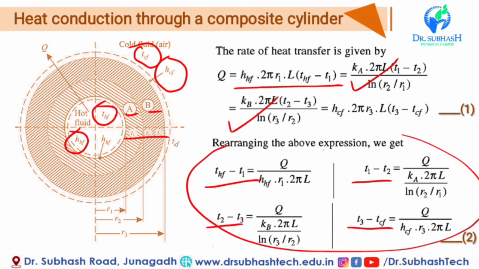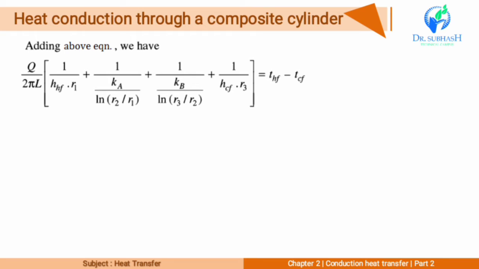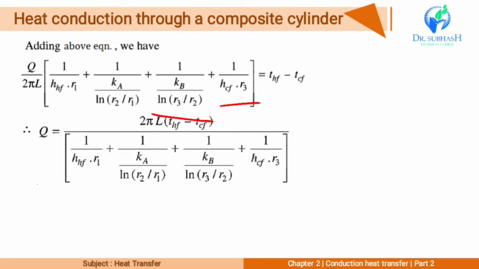Now adding all these equations, we get Q divided by 2 pi L, inside the bracket 1 upon H_HF into R1 plus 1 upon Ka times ln(R2 by R1) plus 1 upon Kb times ln(R3 by R2) plus 1 upon H_CF into R3, bracket over, is equal to T_HF minus T_CF.